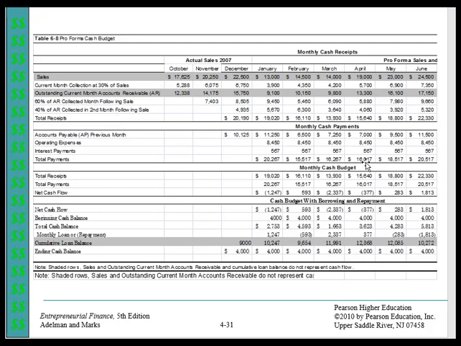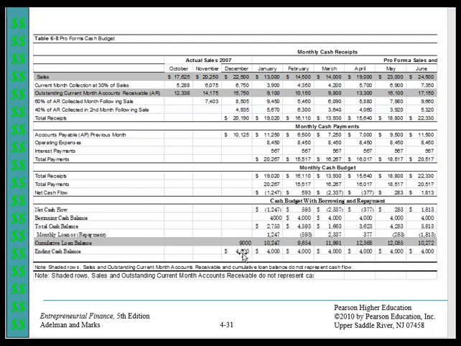Here's the cash payments. Here's our monthly cash budget, what we expect as far as cash flows. You can see here that in March, we expect a large cash outflow, $2,337. We better plan for that. So in the end, we have a cash balance that we know will actually cover that.